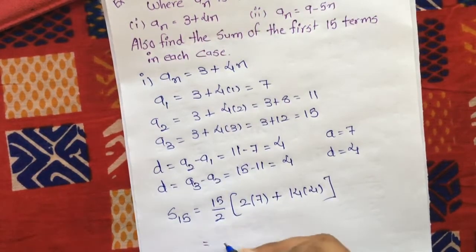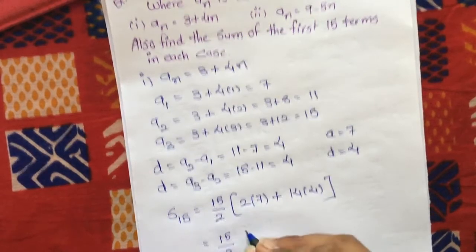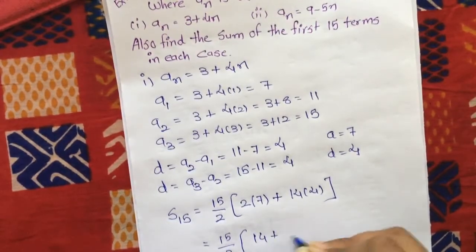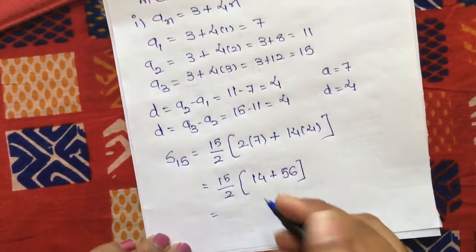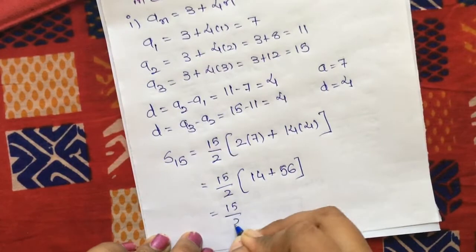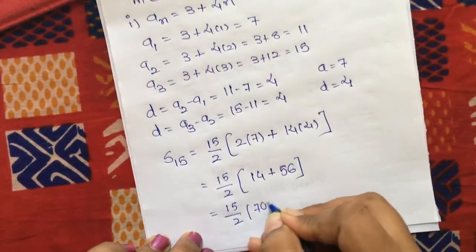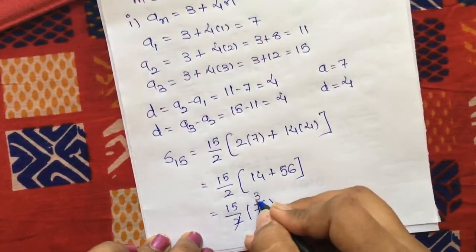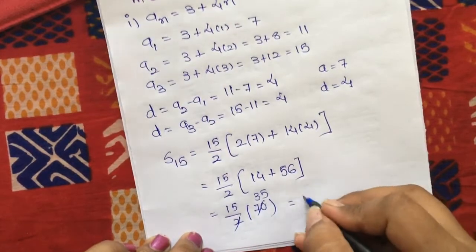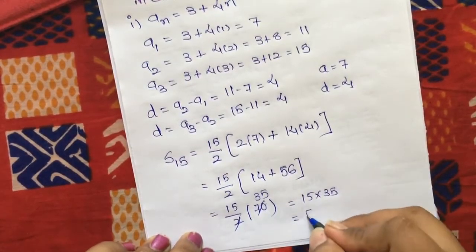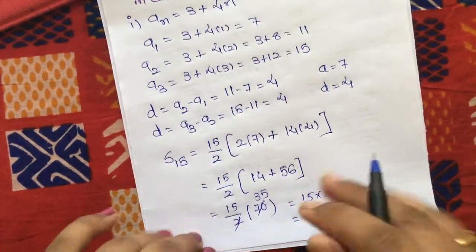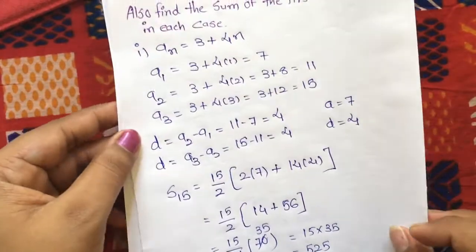So this is 15 divided by 2 into 14 plus 56, which gives 15 divided by 2 into 70. So this is 15 into 35, and the answer will be 525.